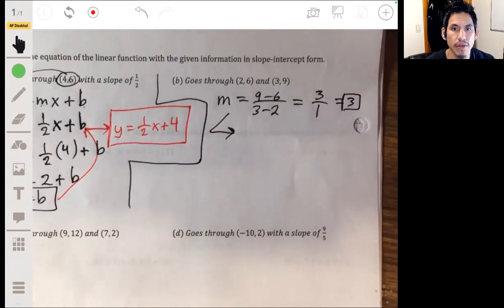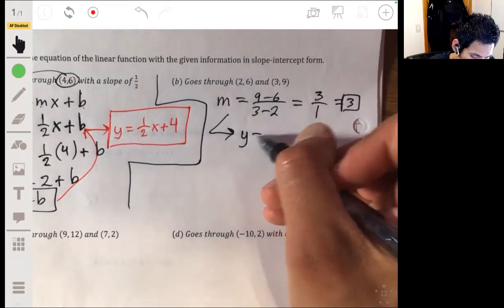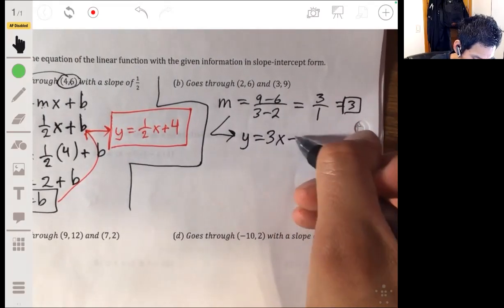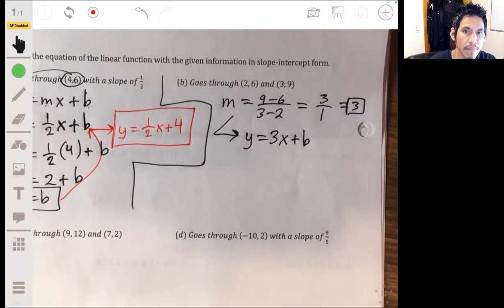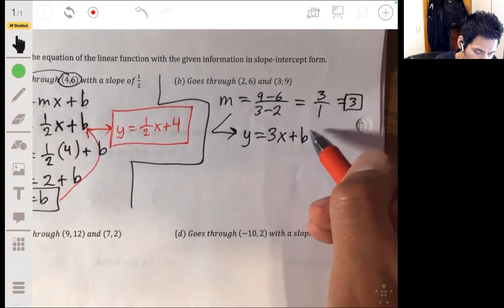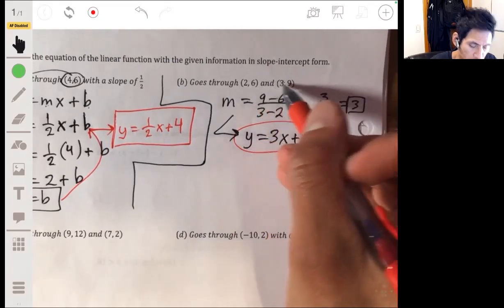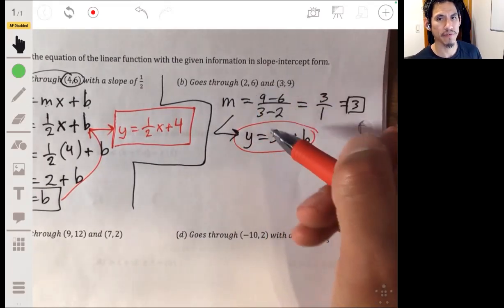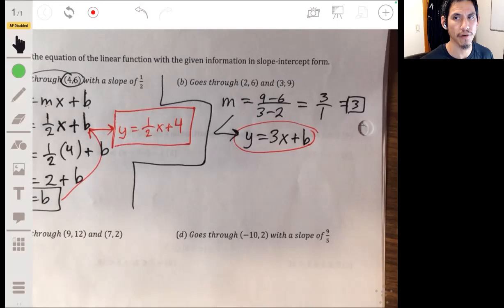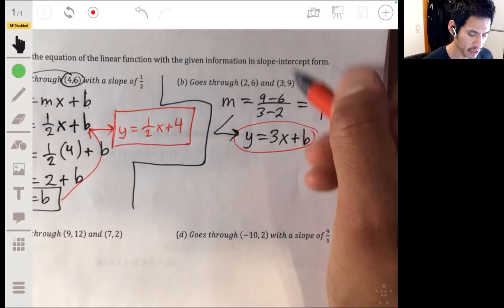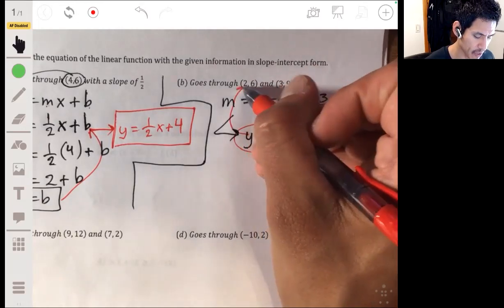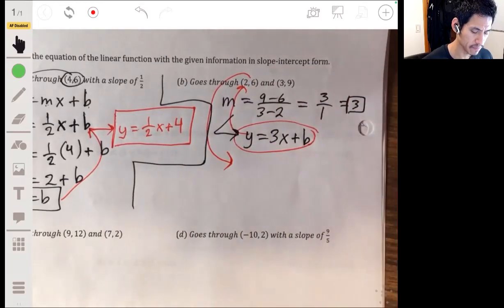And then we can write our equation as y equals 3x plus b. And then we solve for b by plugging any point into this equation. Both these points will give you the same value for b because they're both points that the line goes through. So just pick the easier one. I'll probably just go with 2, 6.